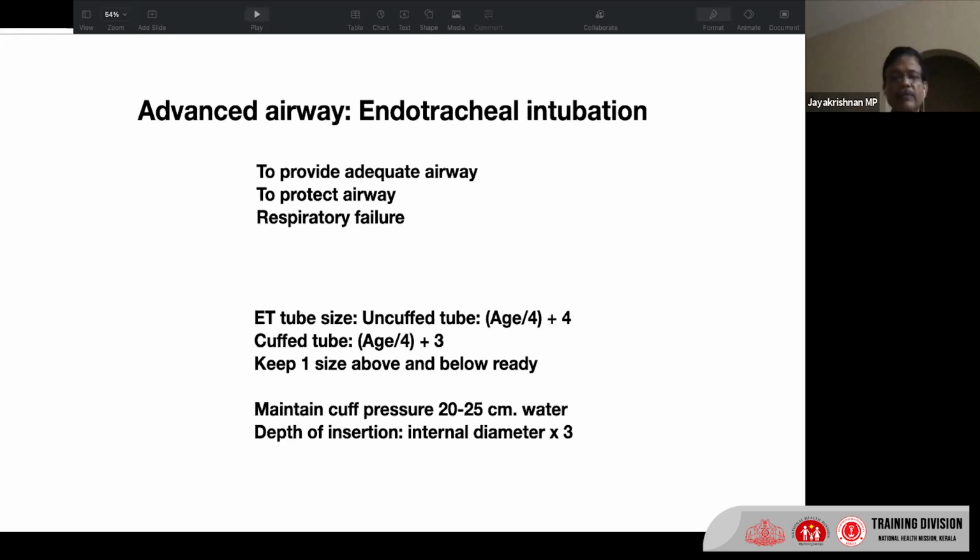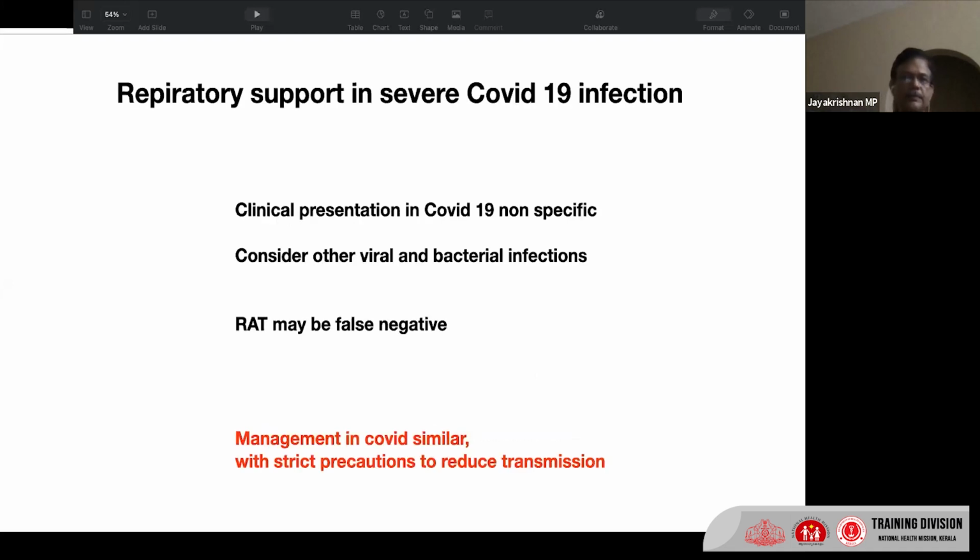For a cuffed endotracheal tube, if you have a cuff pressure monitoring manometer, a pump, we have that fortunately in our ICU, you just keep the cuff pressure at 20 to 25 centimeters of water. And ET tube insertion depth is easy to remember: internal diameter multiplied by 3. For example, if it is a size 4 ET tube, it is 4 into 3, 12 centimeters depth of insertion from the incisors. So that is how much you should insert.